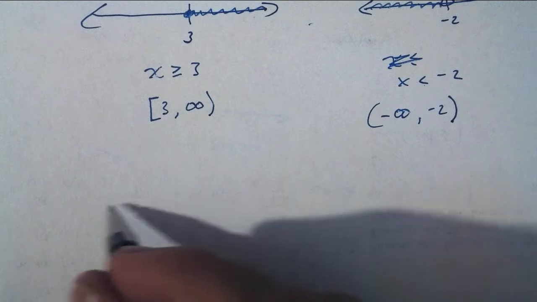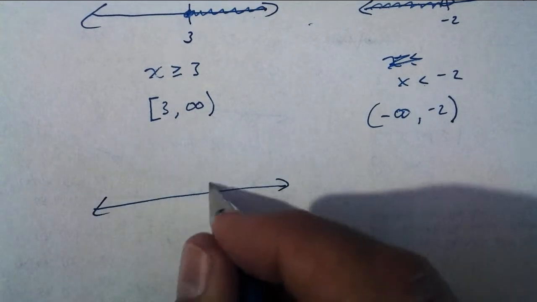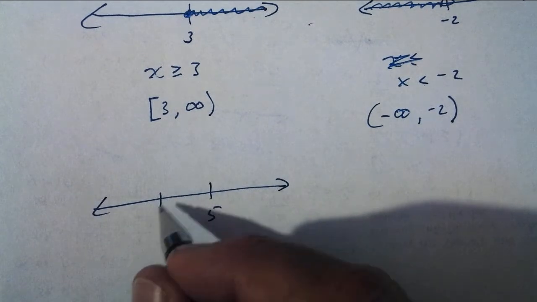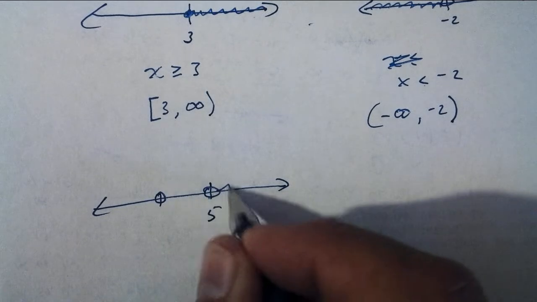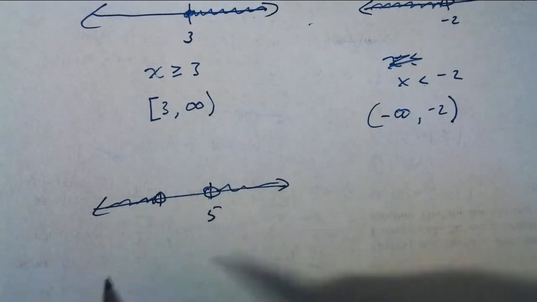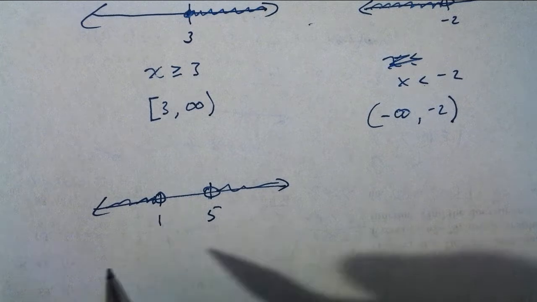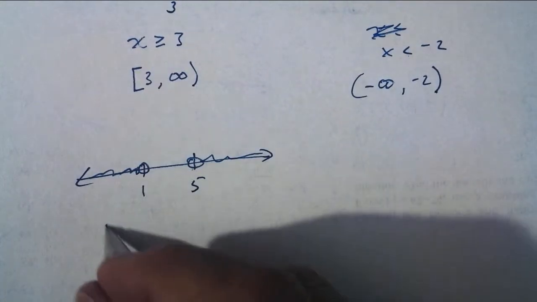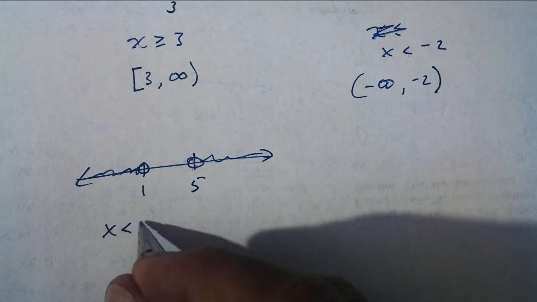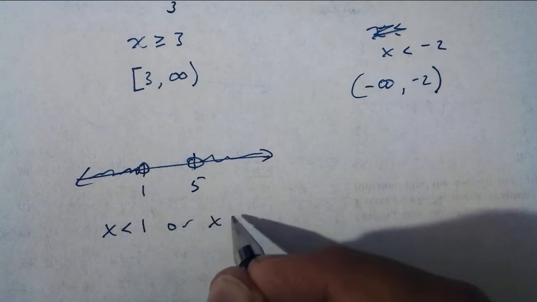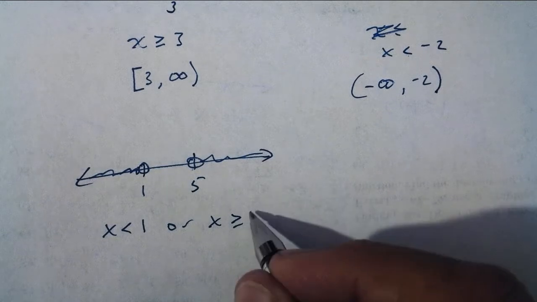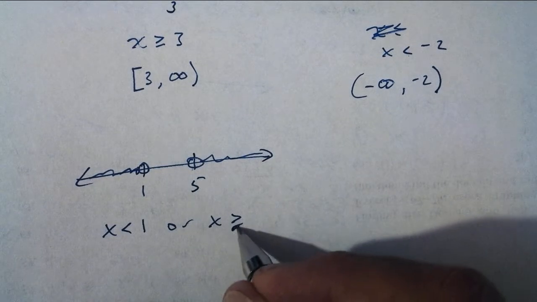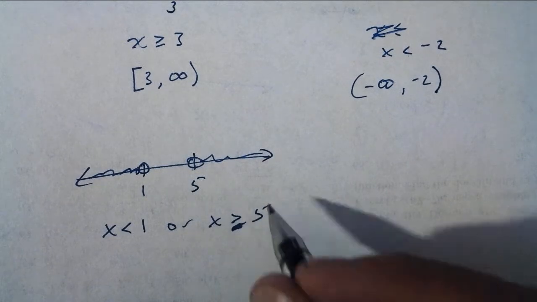All right, let's take a look. Sometimes we get graphs that look something like this. Let's say we have 5 and 1, circle, circle. In regular notation that you might be used to, we'd say x is less than 1 or x is greater than 5.